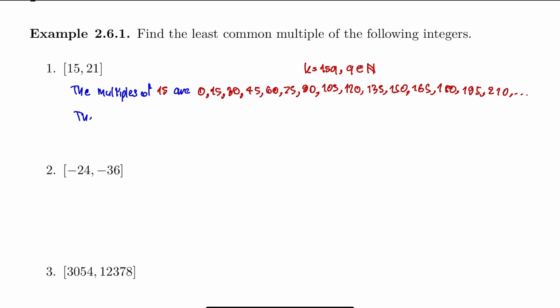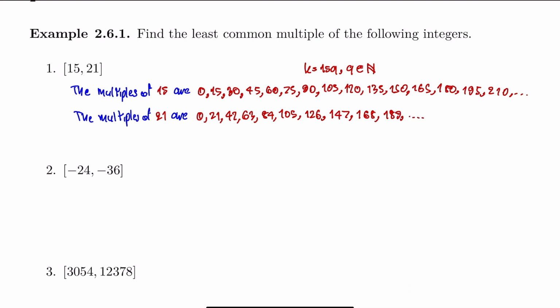And what about the multiples of 21? We have 0, 21, 42, 63, 84, 105, 126, 147, 168, 189, and so on.